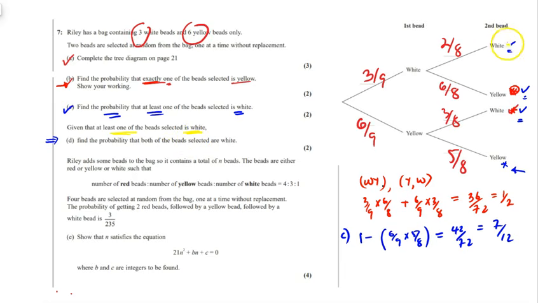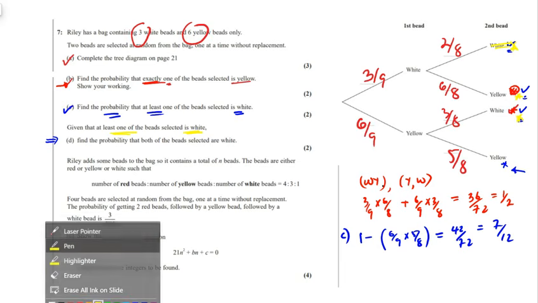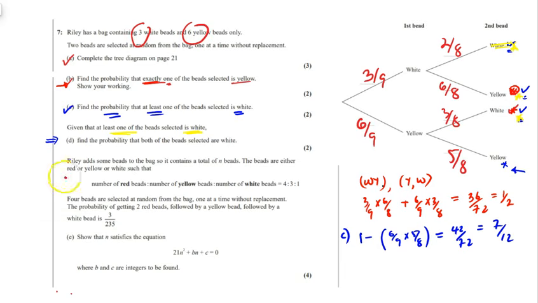That means we have a given event, which is that at least one bead is white. We have this event here, and this event here, and this event here. Technically, we are looking at the event from the previous probability, at least one is white, which is all of this highlighted.